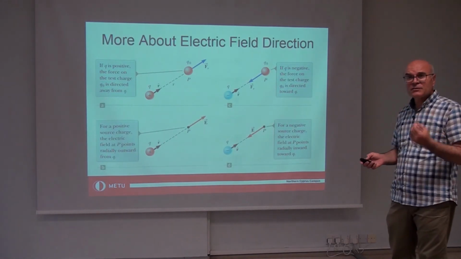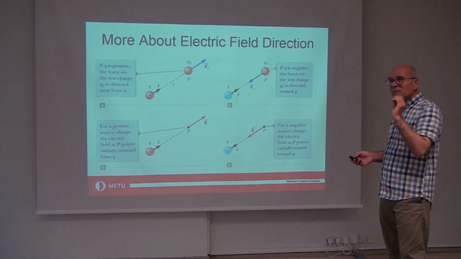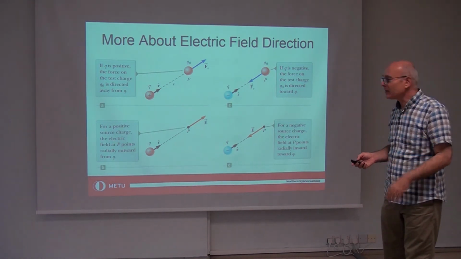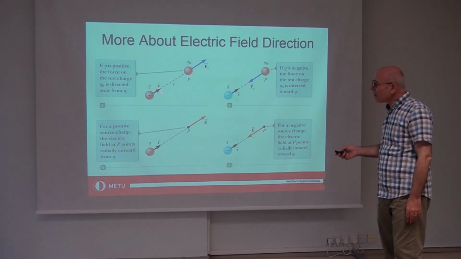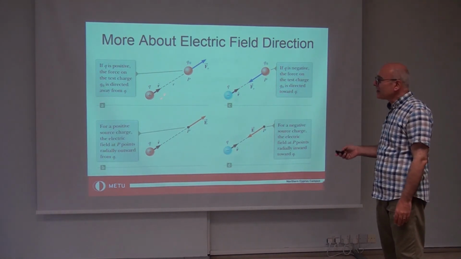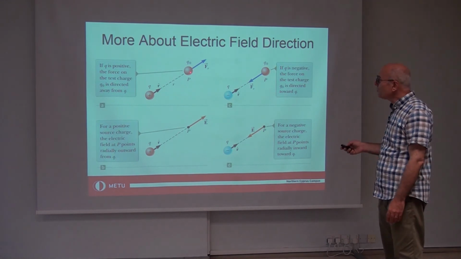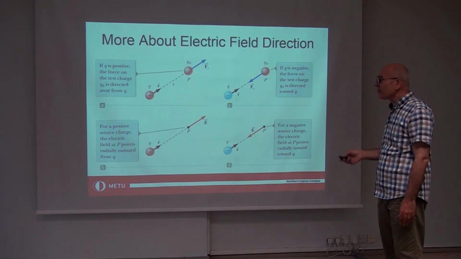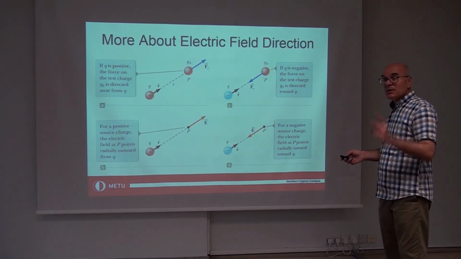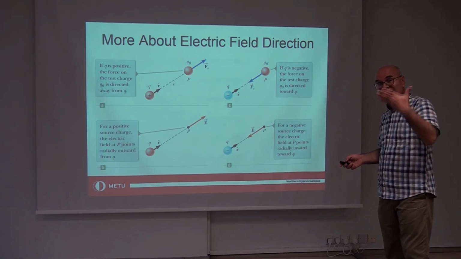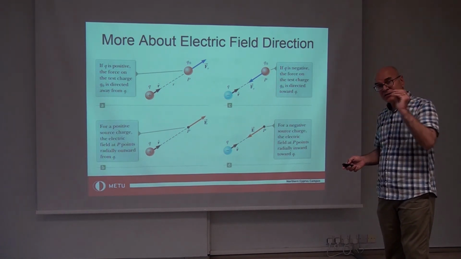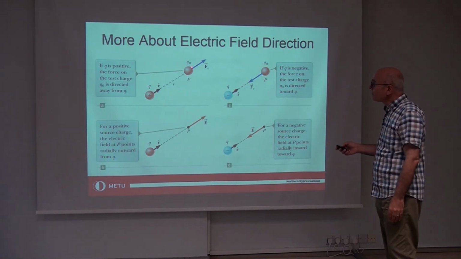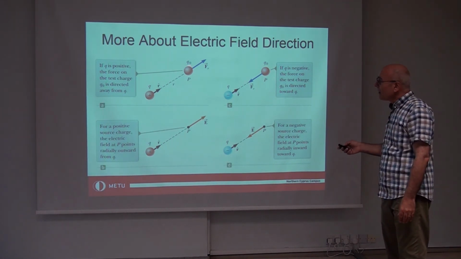Now let's do an example to make sure that we understand how we find the direction of the electric field. This is our source charge, and we take it as positive, and I want to find the direction of the electric field at a point P, for example. Because I'm checking the direction of the electric field at a given point, I must use a positive test charge. So I bring in a positive test charge Q naught and put it here.